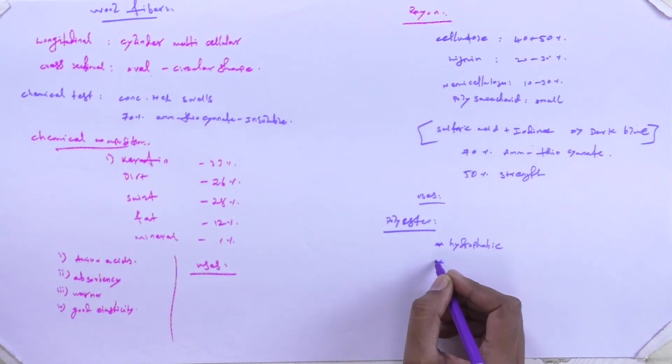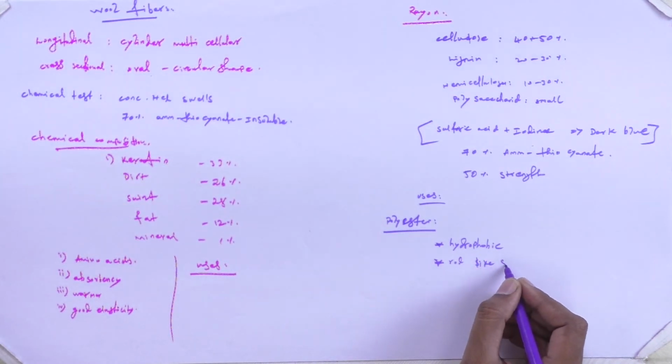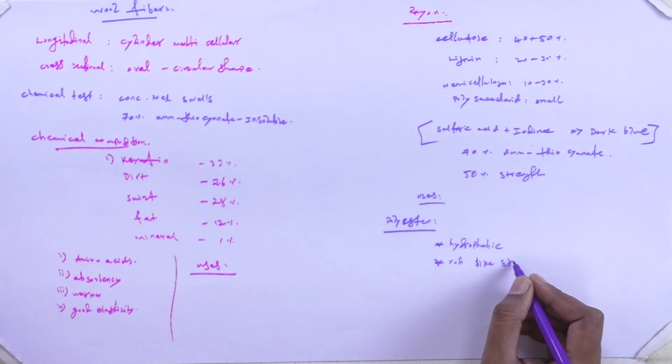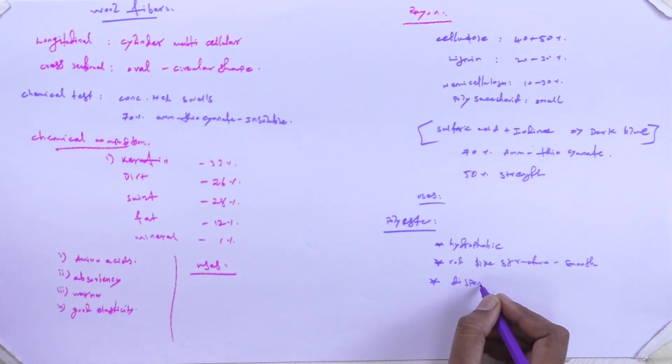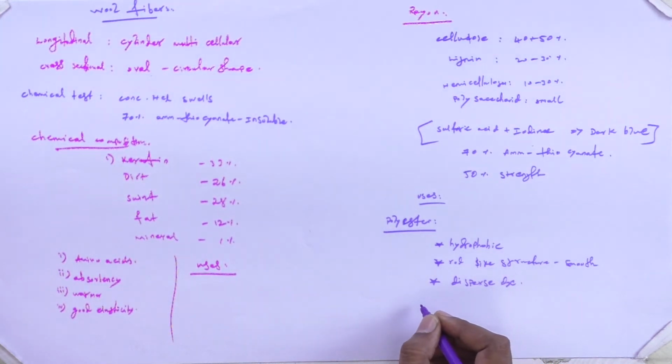In the microscopic test, it gives a rod-like structure with a smooth surface, and it is dyed only with disperse dyes.